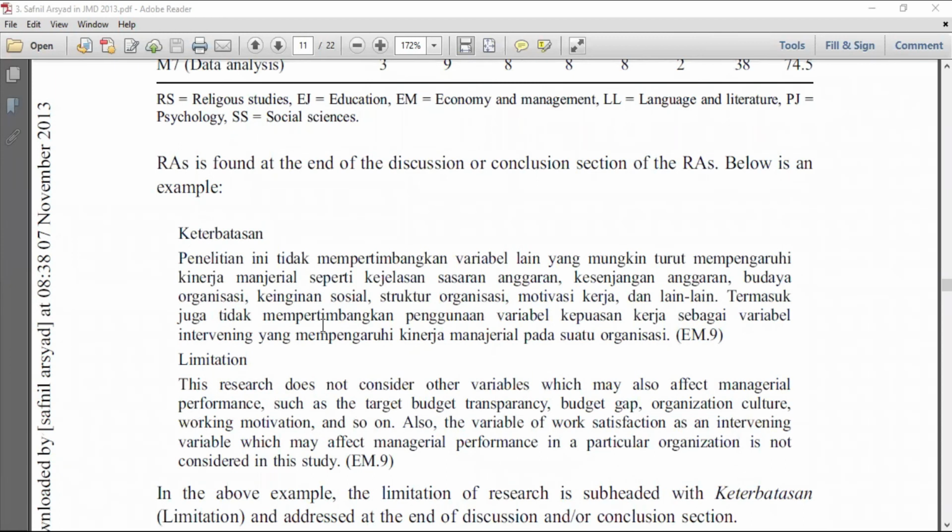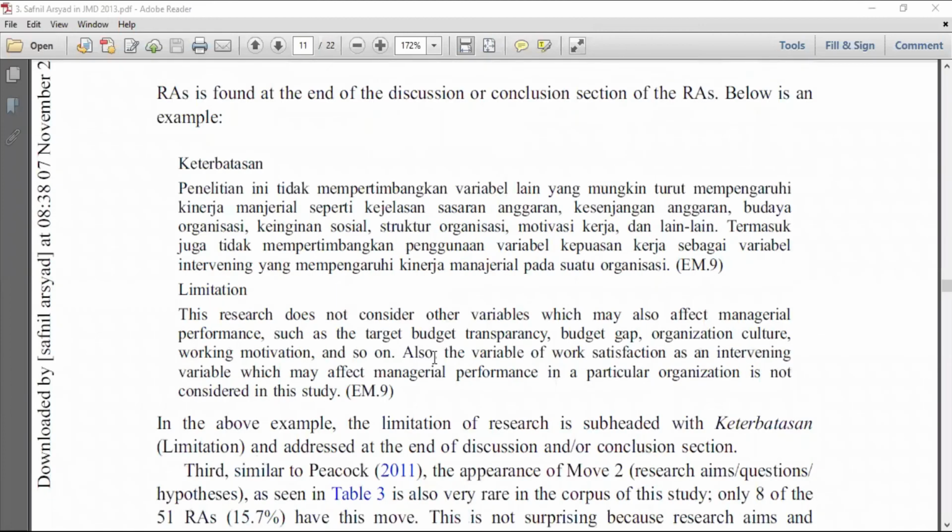But if you can find a model from a chapter one of a thesis, from somebody else's study before, that is the best one. That is better than using an article as a model. So first, find a model of chapter one of a thesis. If you cannot find a chapter one of a thesis, you can use a chapter one of a dissertation or undergraduate thesis.